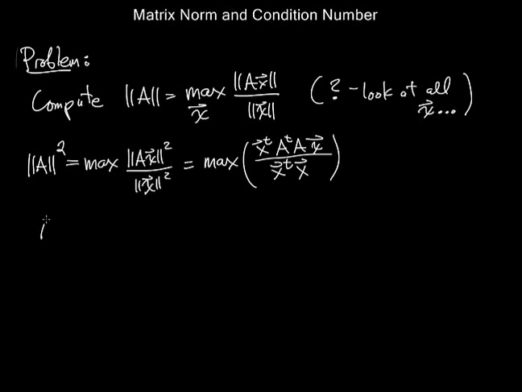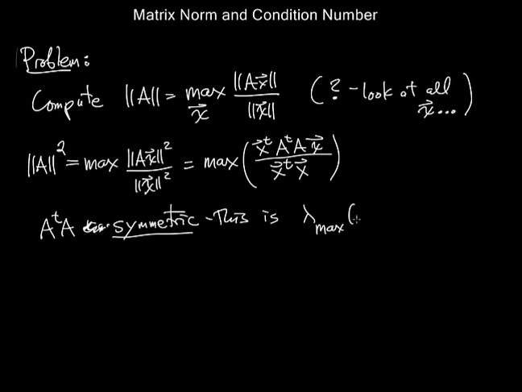And now the key point is that A transpose A is symmetric. So it's easy to see that the maximum of this expression on the right-hand side is simply the maximum eigenvalue of this symmetric matrix A transpose A.